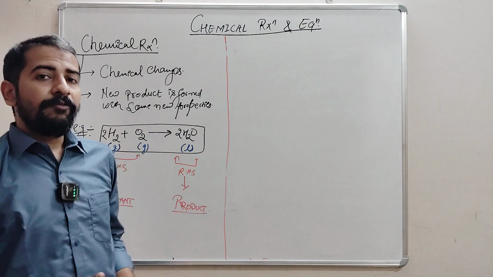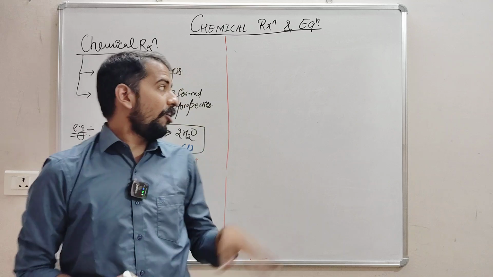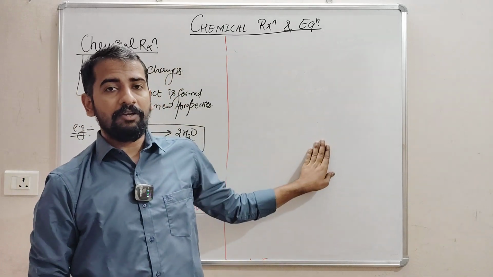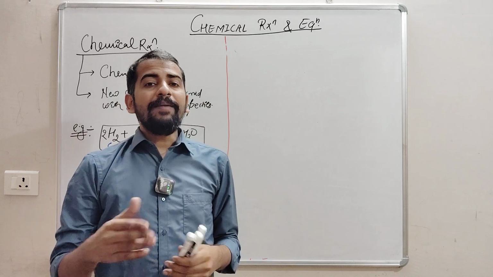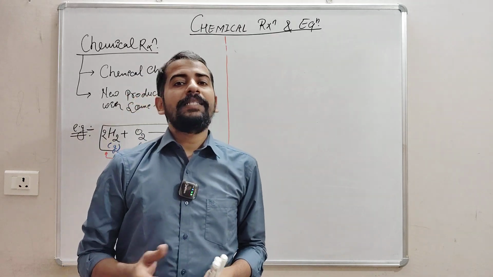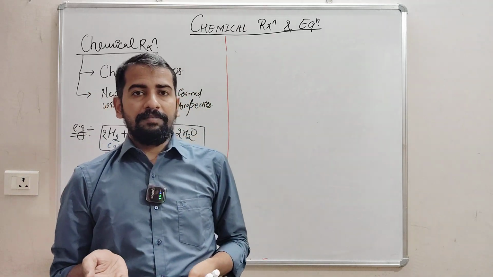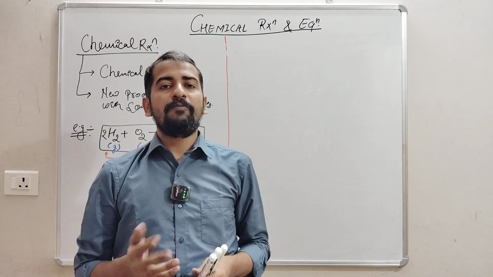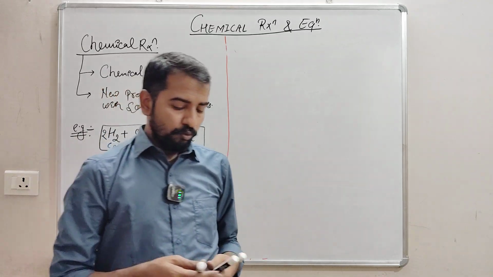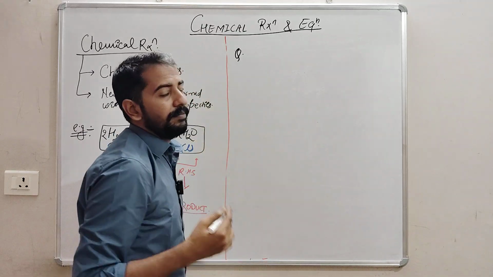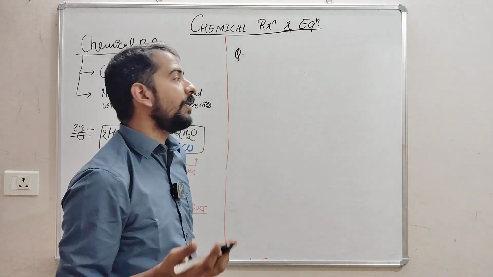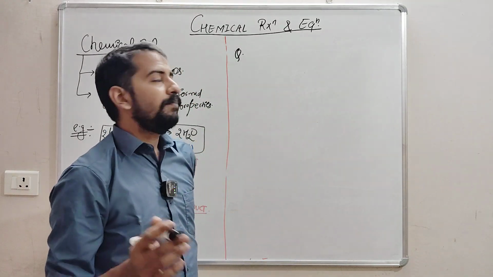See, the first question, on whatever we have studied today: why is magnesium ribbon cleaned before burning? So why? Because the first question is why magnesium ribbon is cleaned by sandpaper before using.